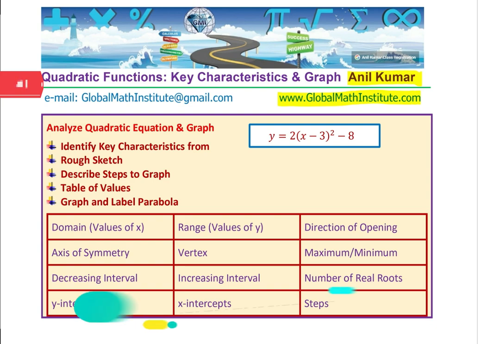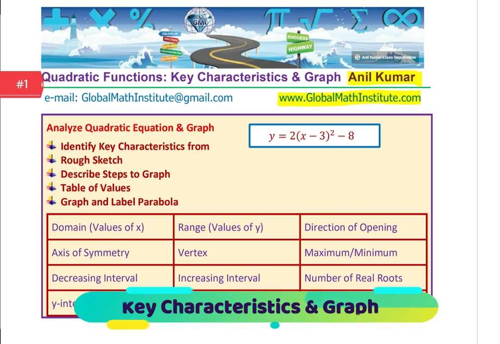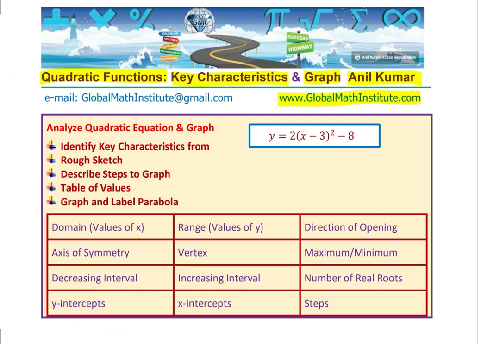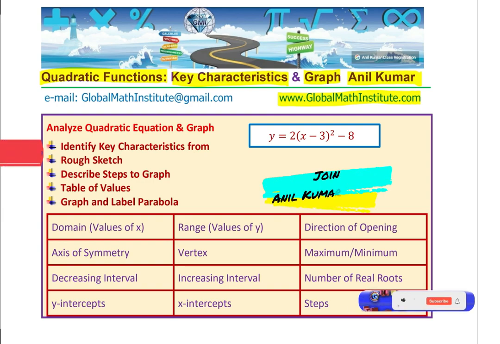In today's video, I'm going to discuss quadratic functions, key characteristics, and we'll analyze these characteristics to see how we can sketch a graph. This video is going to be a bit long since we are covering all the topics within quadratic functions related to the vertex form of the equation.